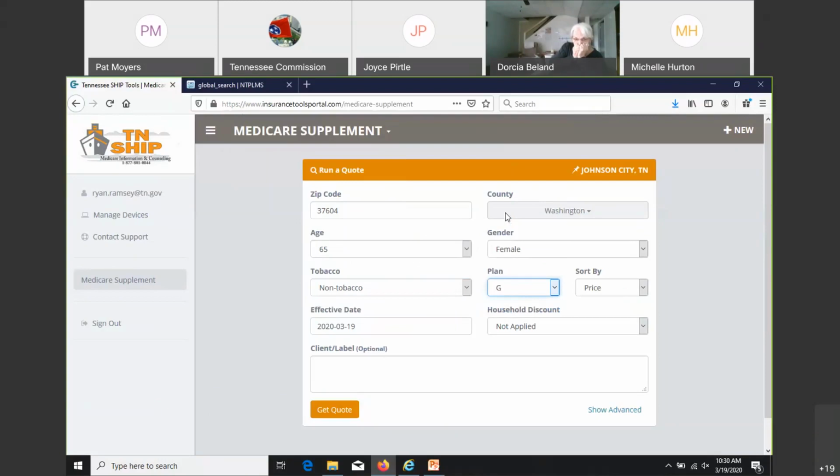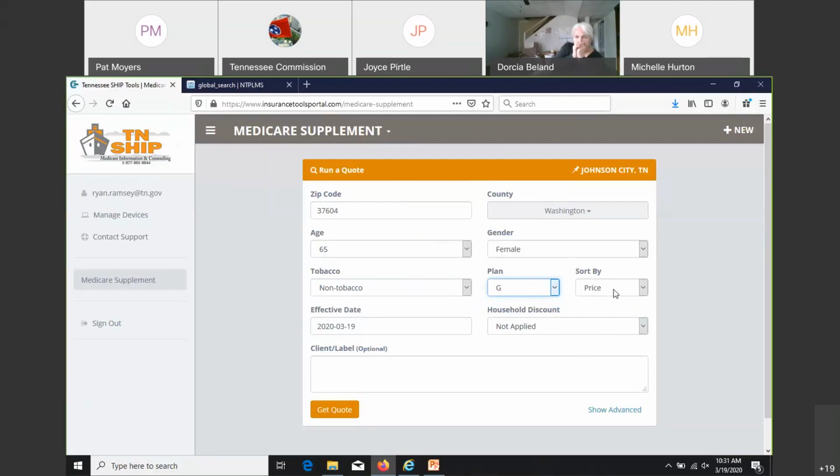People do typically use the word supplement in regards to just anything additional to original Medicare, so we have to be very careful of that. Now, we're going to go ahead and leave all of the rest of this as is. We do want to leave that sorted by price. It's going to go from the most cost-effective down to the least cost-effective.